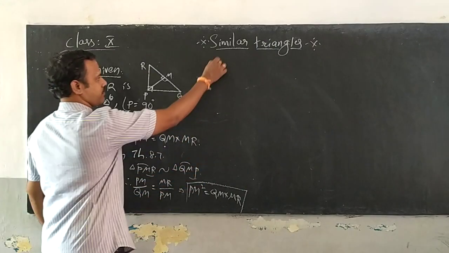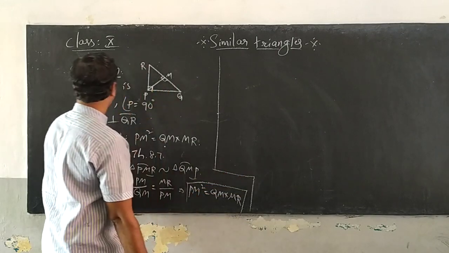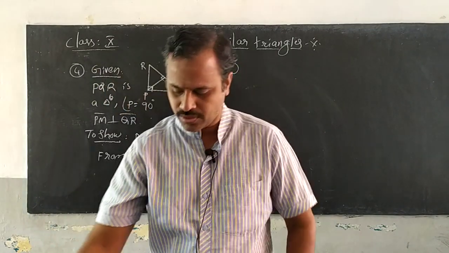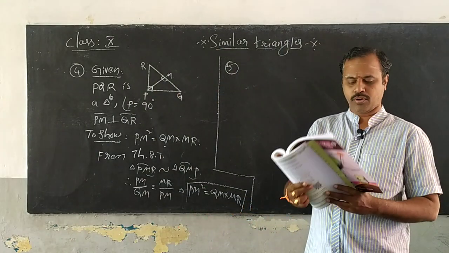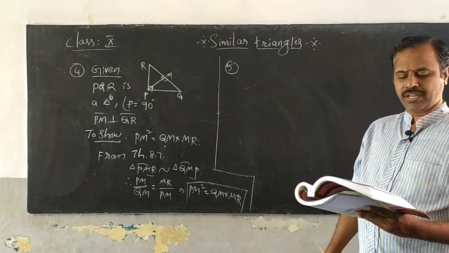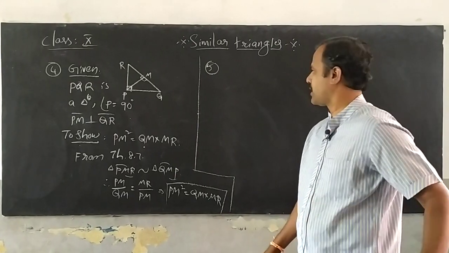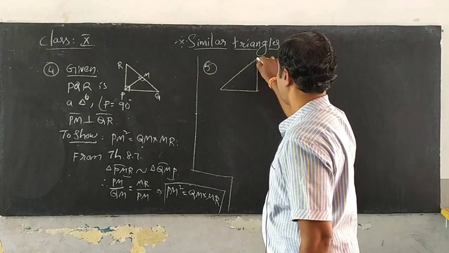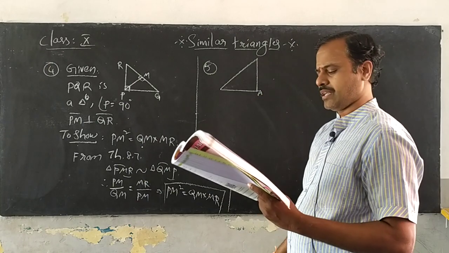Now, we come to the next question, that is the 5th question. In the 5th question, you follow the same method. ABD is a triangle right angled at A. The diagram is already given for you.